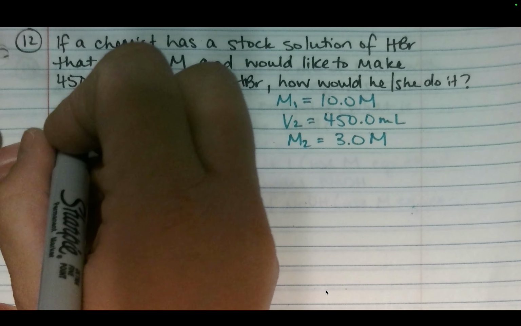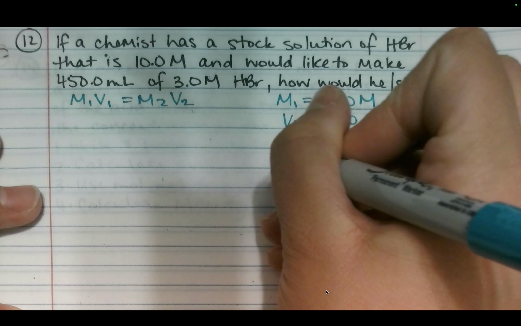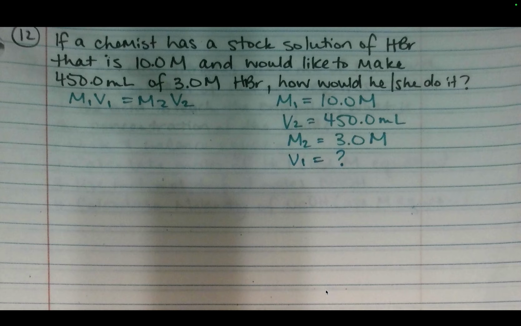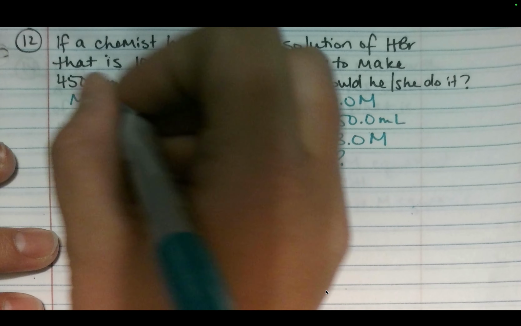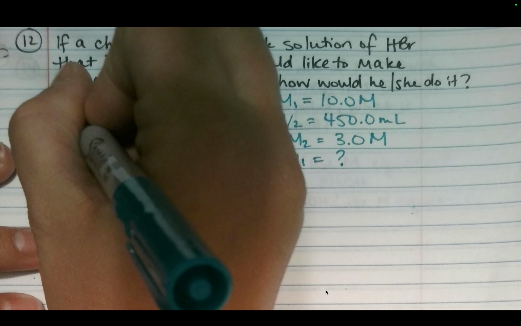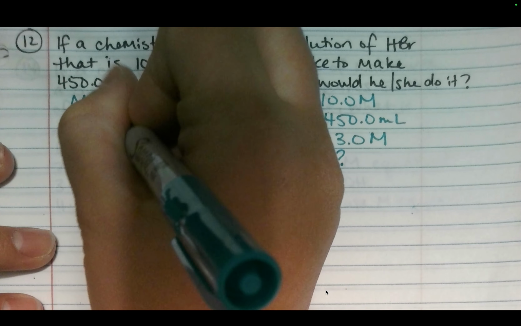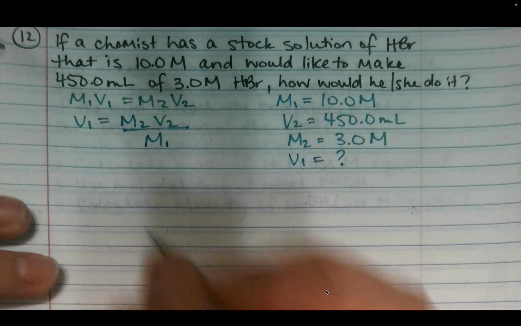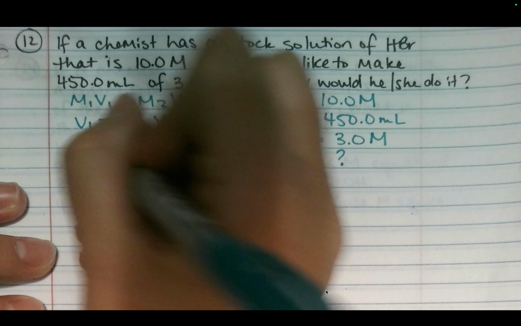So rearrange this to solve for, we want to know V1, how much of my initial solution do I need to make the dilution? Okay, so solve this for V1. I'll divide both sides by M1 to move it over and get V1 equals M2V2 over M1. And then I'll plug in the values that I have.